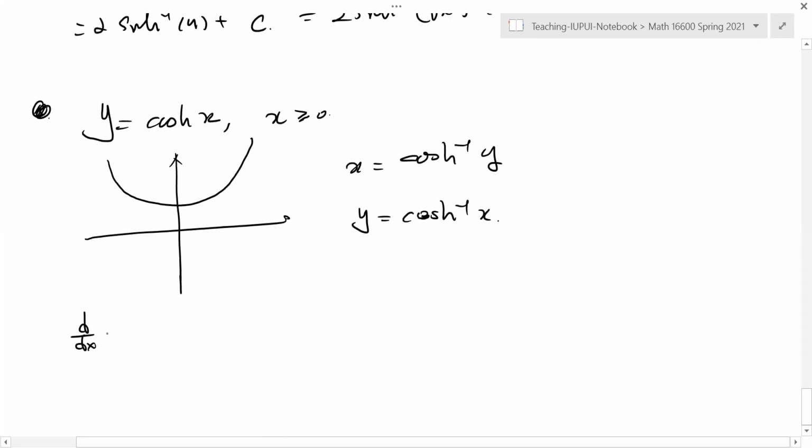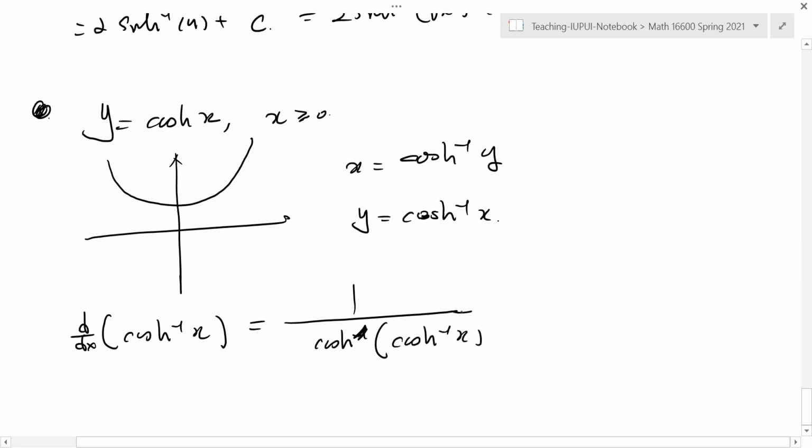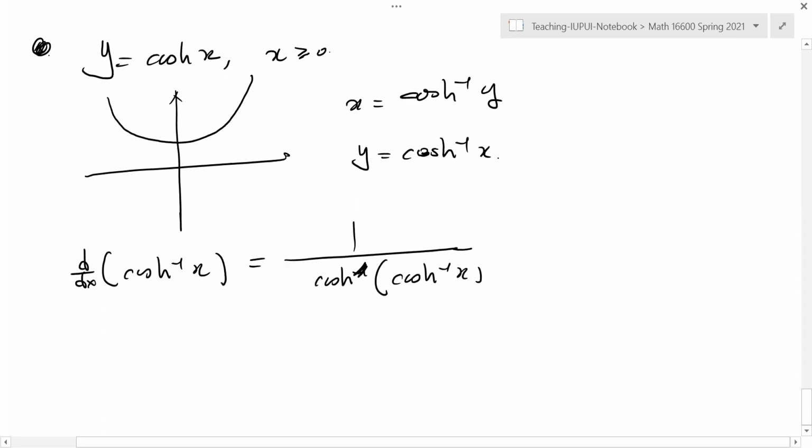The derivative of this by the formula, right? The derivative of hyperbolic cosine is hyperbolic sine. Yeah, we can only consider one piece in order to define the inverse.